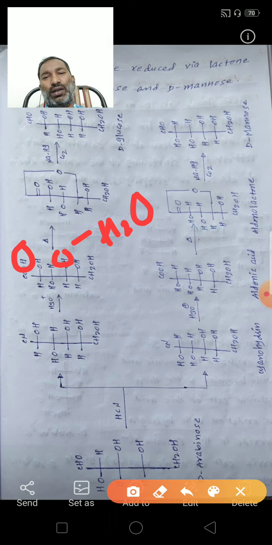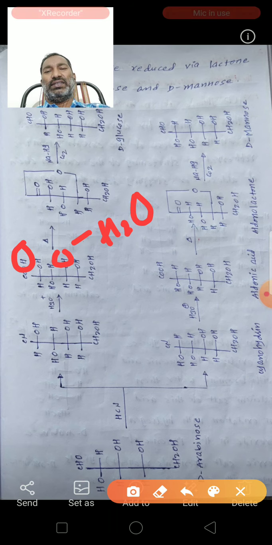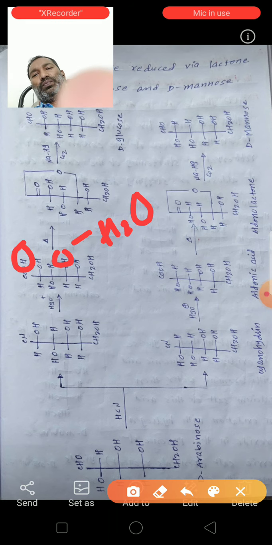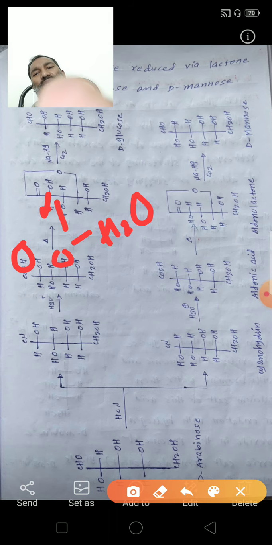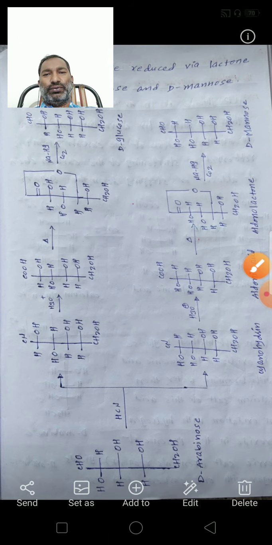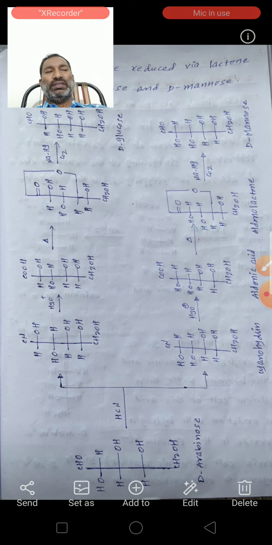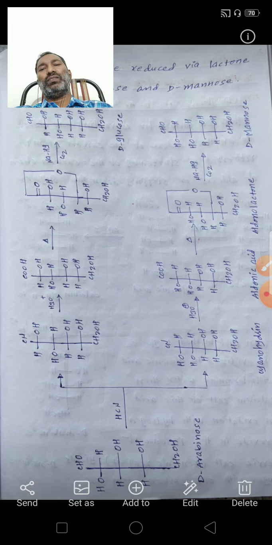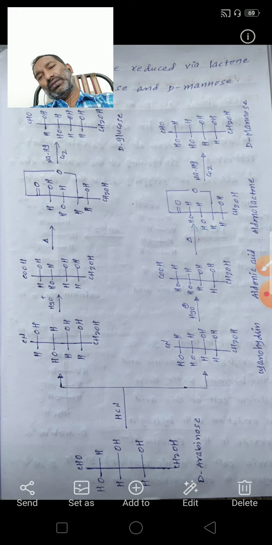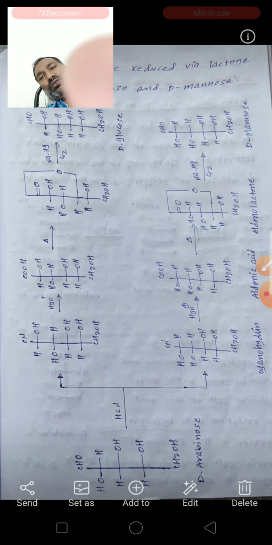This is the functional group. This is the alpha position, this is the beta position, this is the gamma position. This is known as a gamma lactone. This gamma lactone is reduced by sodium amalgam, opening the lactone group, and it forms D-glucose.